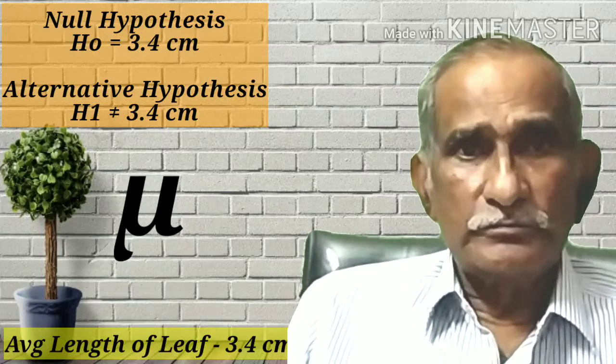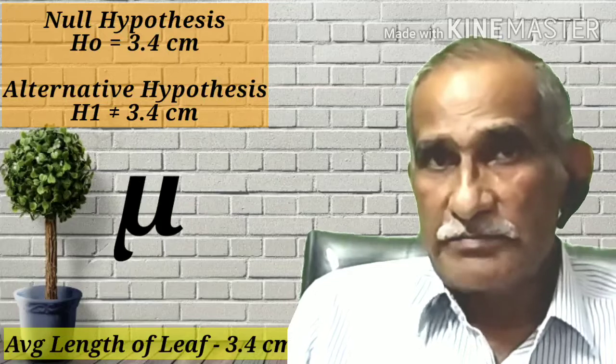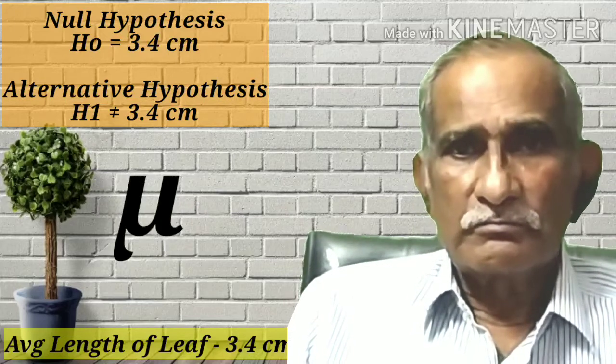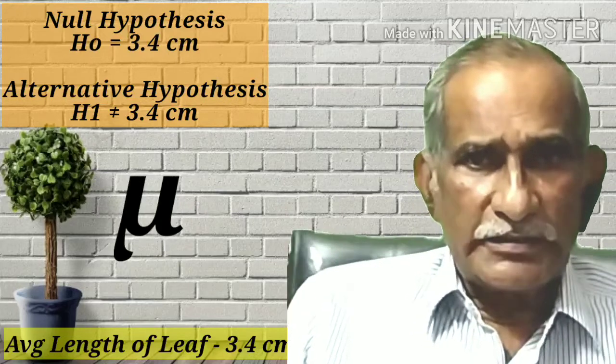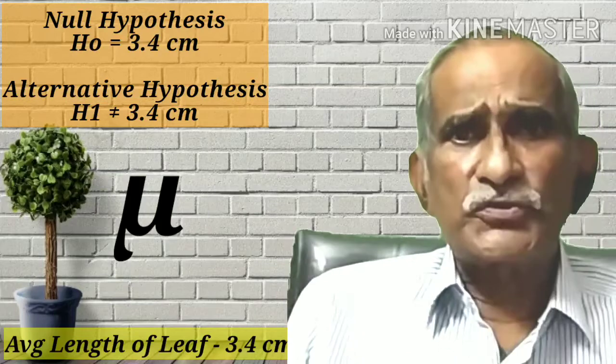Many of you might be thinking that who doesn't know that if mu is equal to 3.4 centimeter is false, it means automatically that mu is not equal to 3.4 centimeter.